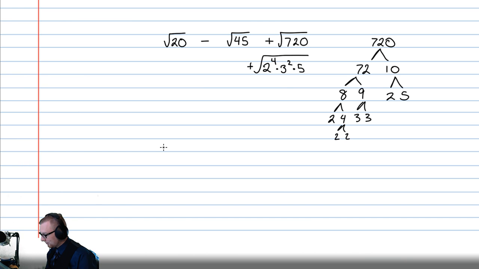So it will be 2 root 5 minus 3 root 5 plus 12 root 5.